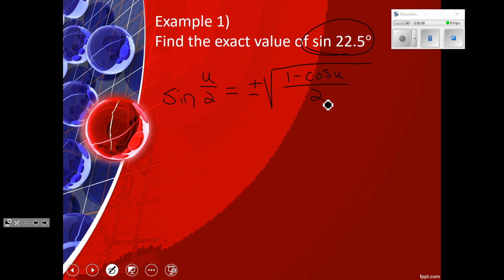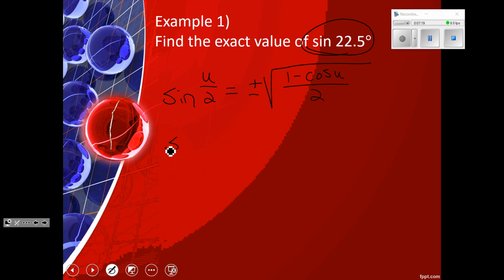Okay. So you're not going to plug in 22 and a half. That's not u. Okay? u is going to be the double of what you're looking for. Does that make sense? Because 22 and a half is the half angle. Okay? So you tell me what's u?